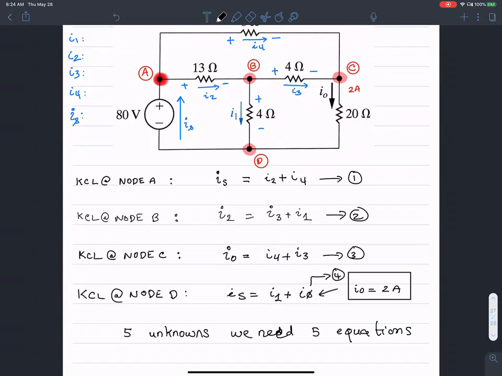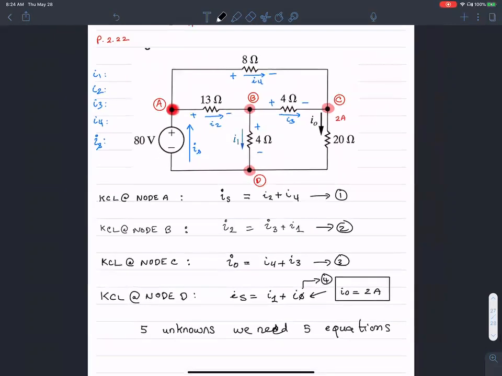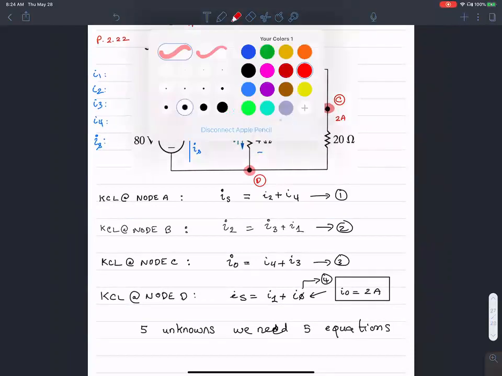That's about all we can squeeze from KCL, because there are 4 nodes. I set up one equation at each of these nodes using KCL. So now, in order to set up the 5th equation, I have to use something else. I have to use KVL. Okay, let's see how we can use KVL.